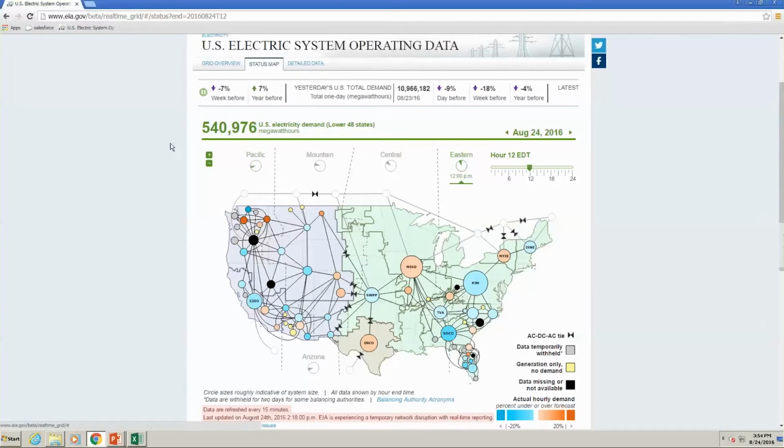Also, I'll point out this value at the upper left: this is the total demand in the lower 48 states for electricity for the hour ending noon today.